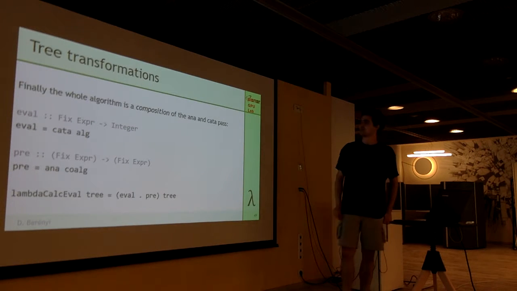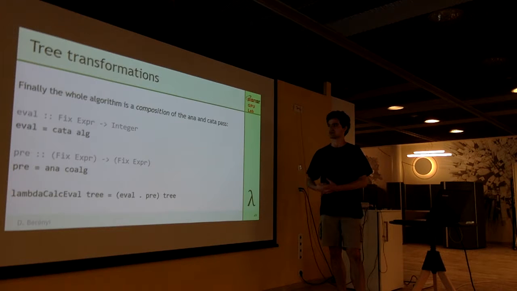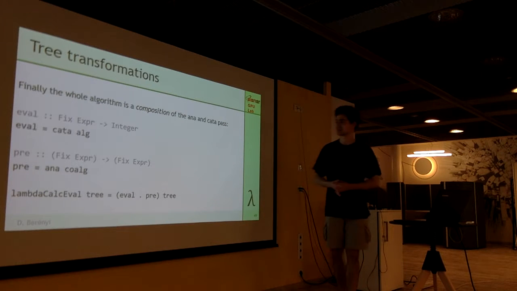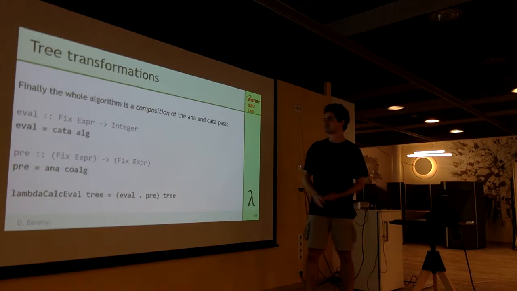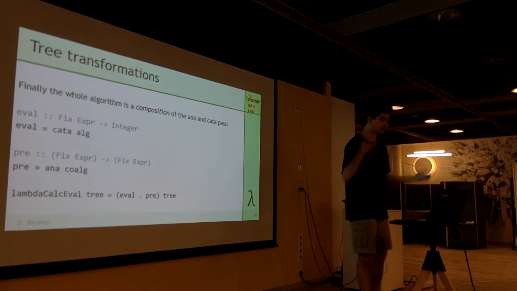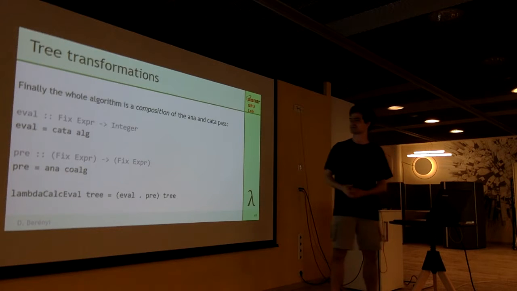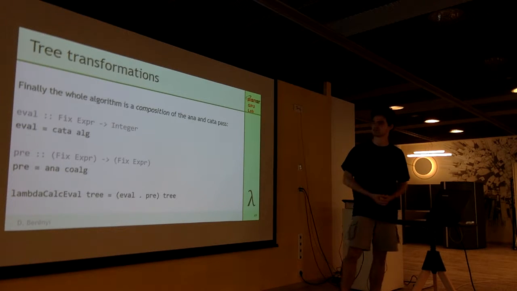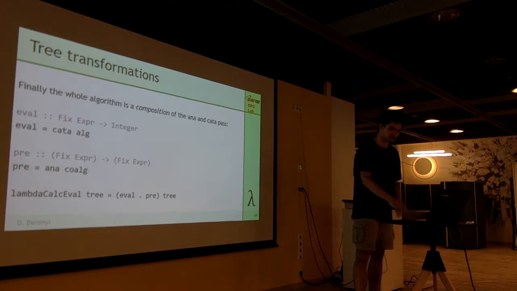And we really just partially apply this algebra and coalgebra with our recursion schemes, and we just compose the two, and first our tree will be preprocessed by this anamorphism, filling out all these locations and doing these substitutions, and then evaluated with the catamorphism. And in such a way, we can get this lambda calculus evaluator.